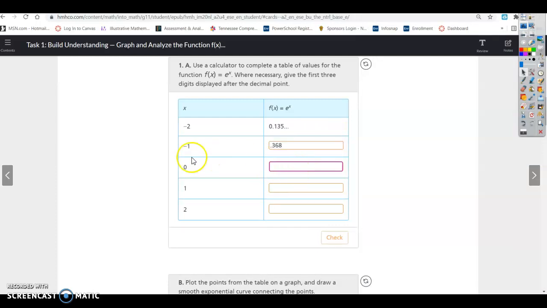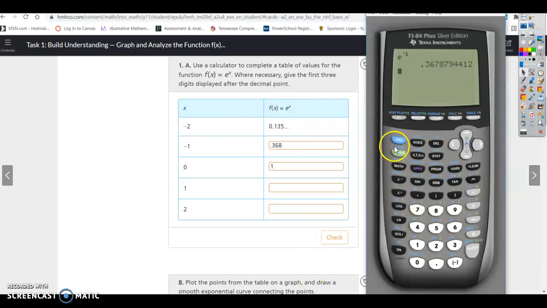All right, anything to the 0 power, e to the 0 power should be 1. Let's go ahead and check it. We know that from properties of exponents. So e raised to the 0 power equals 1. And then e to the first power is going to equal just e, which they're giving us as 2.718 would be my first 3 decimals, or 3 places after the decimal.